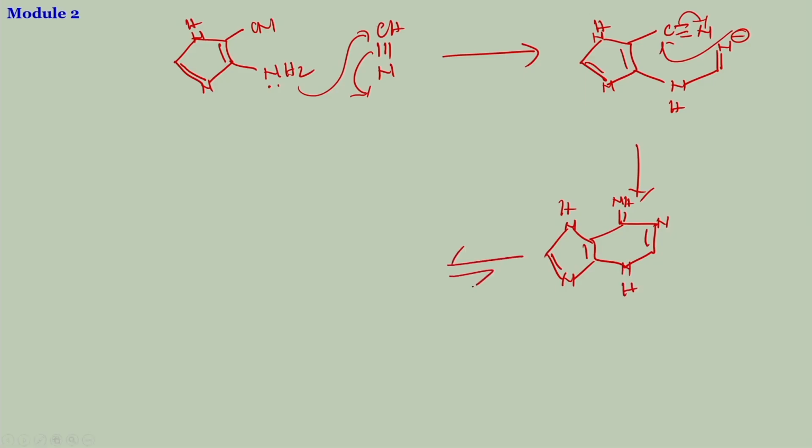Now this will all tautomerize because this has to be NH2. NH will become NH2, and this will become N, this will be another double bond here. Which is your adenine. So that's how you can synthesize the whole of the purine nucleobase adenine out of the HCN cyanide.